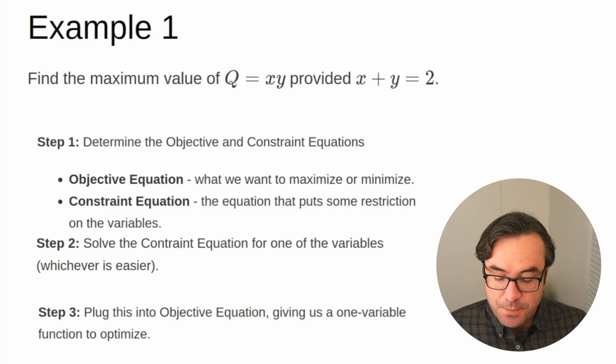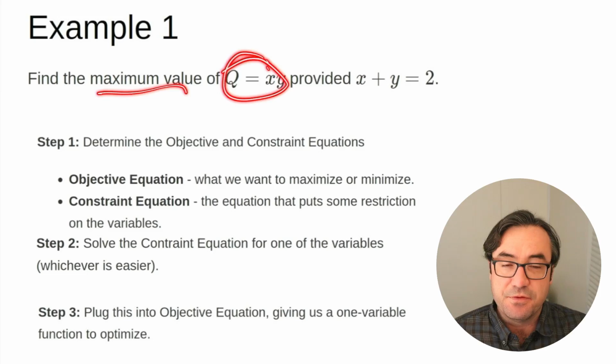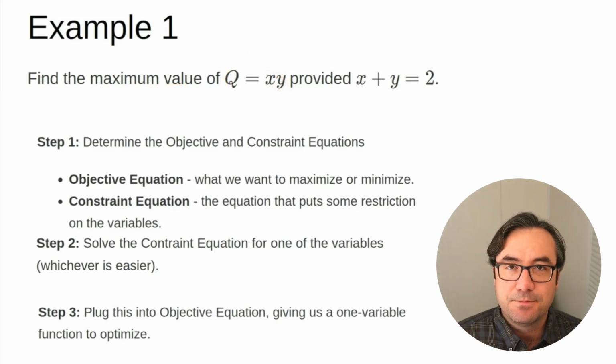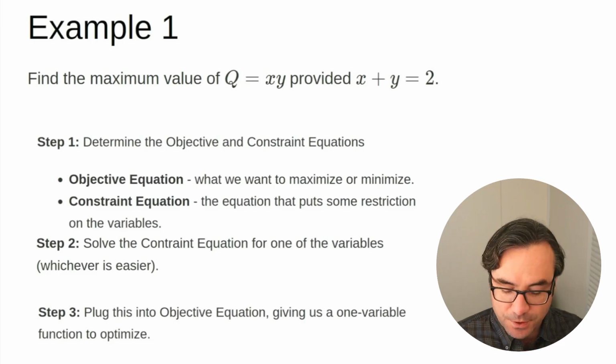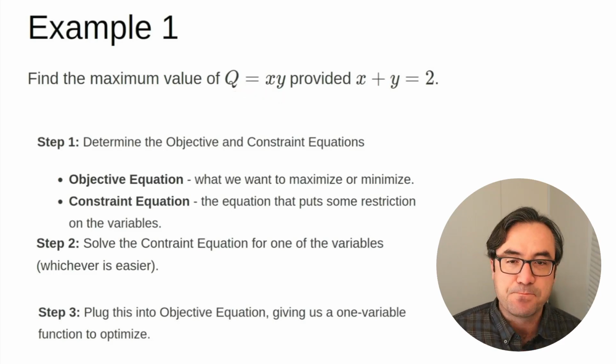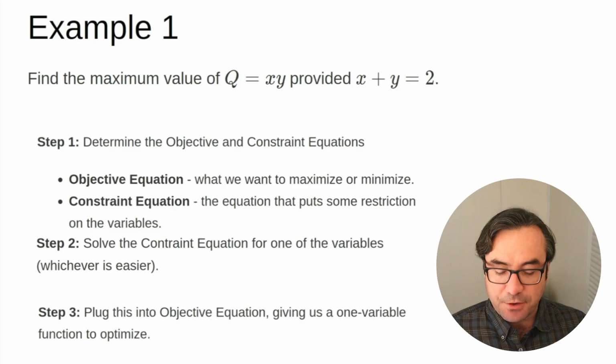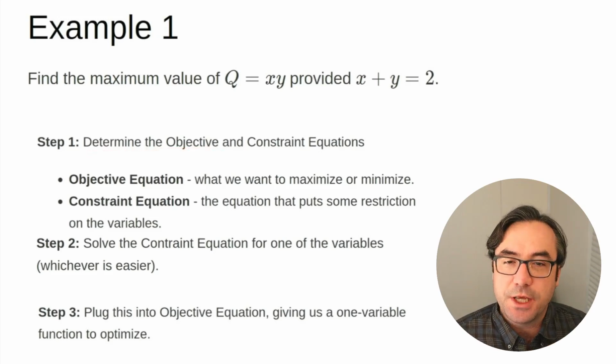All right, so we want to find the maximum value of this two-variable function here. Now, so far, we've only been able to do derivatives of one-variable functions. So what are we going to do with this two-variable function? Well, that's where this other expression is going to come in. So our first step is we're going to determine what's called the objective and the constraint equations.